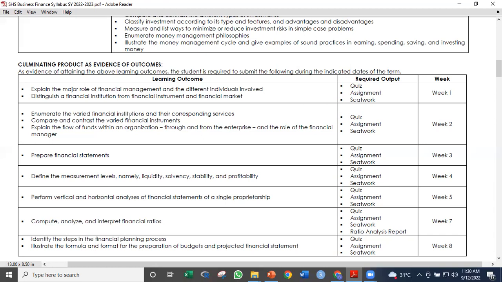Okay, there are other financial institutions that we're going to look into next week. Okay, and it's important for us to know this, what we call this financial market. What are the players involved? What is their role in the financial market? Needless to say, class, that the financial market is a very important market.